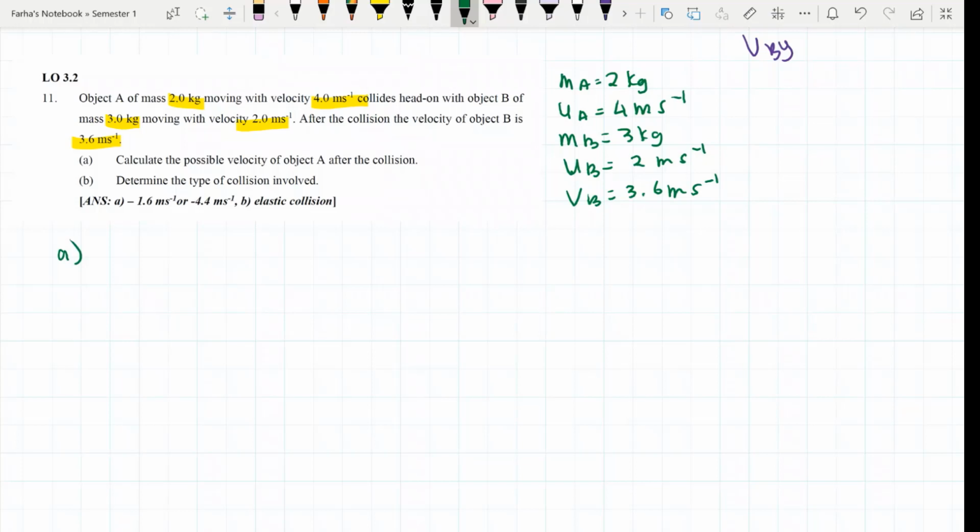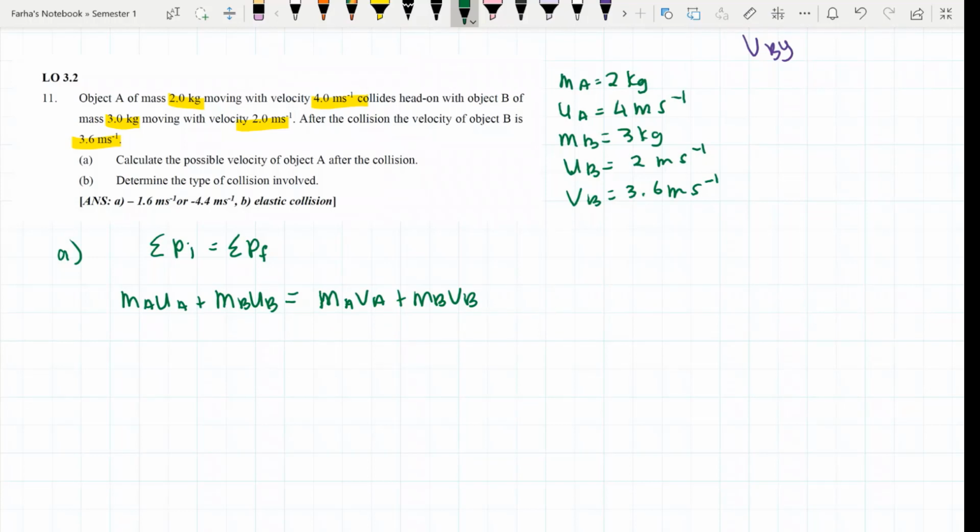So we apply the principle of conservation of momentum, which is sum of P initial equals to sum of P final. This question is direct because it involves one dimension only. That is, MA UA plus MB UB equals to MA VA plus MB VB.